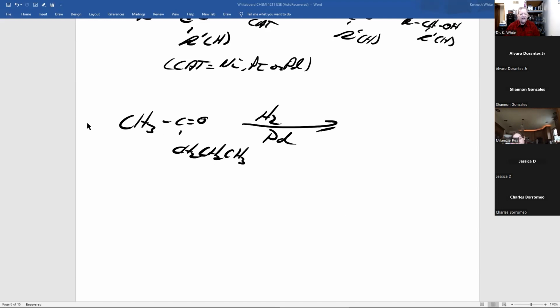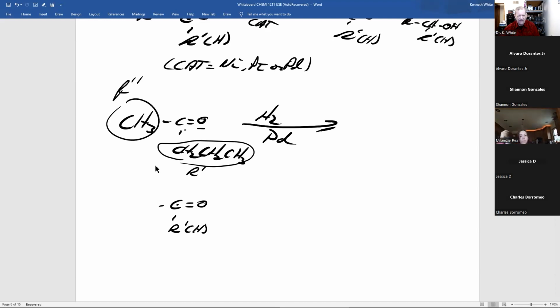All right, let's continue. What's different? What's not carbon? What's not hydrogen? Oxygen bonded to carbon, carbonyl. There are carbons here. I'll call R prime. Could have been hydrogen. And carbons here, I'll call R double prime.